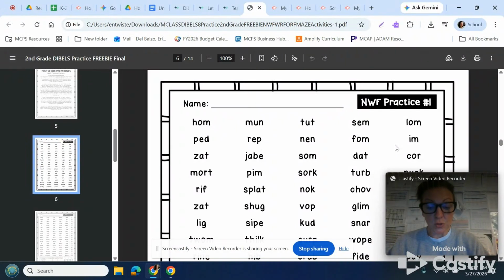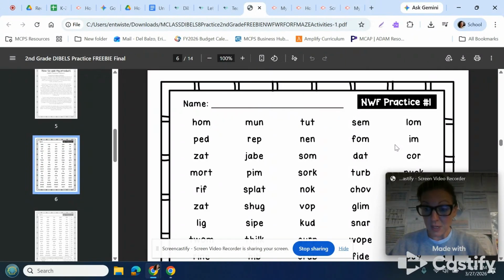In first grade, students need to have 55 correct letter sounds in 1 minute and 15 units read together. And by the end of second grade, students need to be able to produce 76 correct letter sounds and 22 units. And so that's why it's really important to start getting both sets of points by just reading the unit: ham, mut, tut, set, lam.